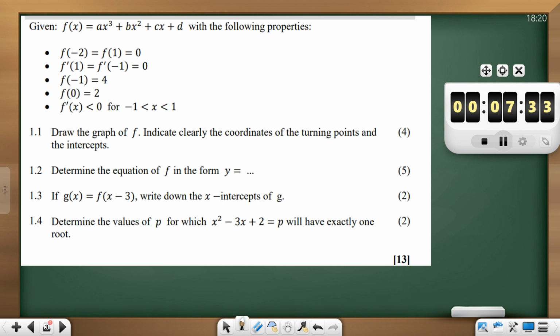Do you understand what each part means? Let us interpret each of those points.